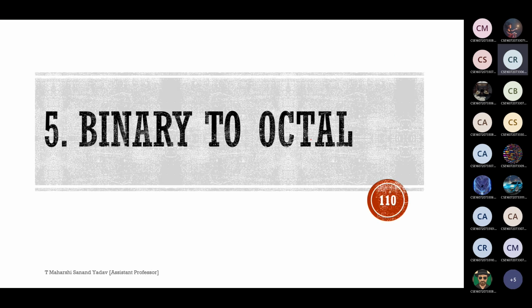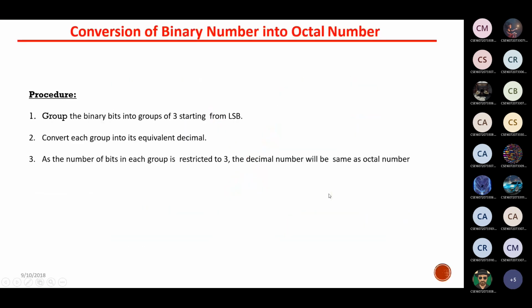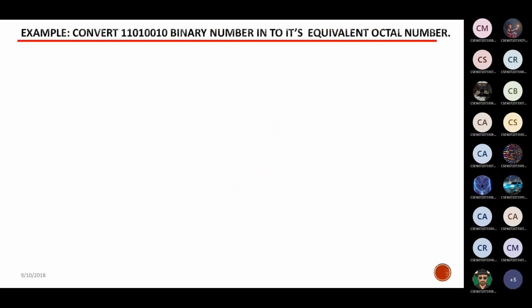Next, binary to octal. Here, what should I do? Grouping 3 bits, sir. Binary to octal is grouping 3 bits. Okay. Note down this question. 11010010 binary into octal. Tell me the answer.